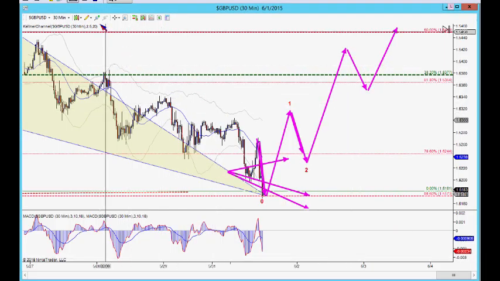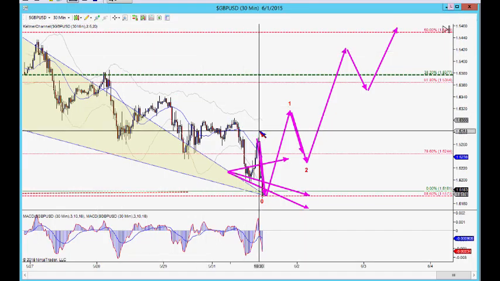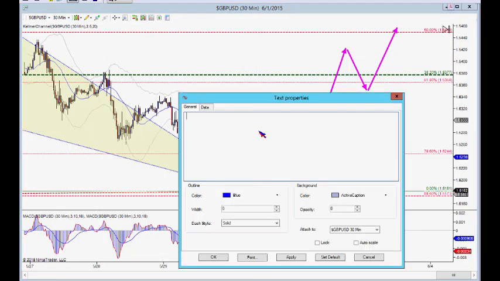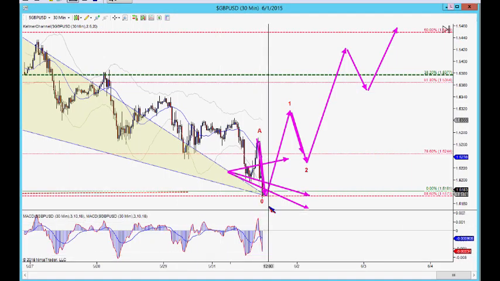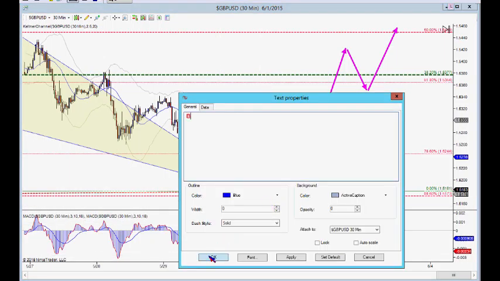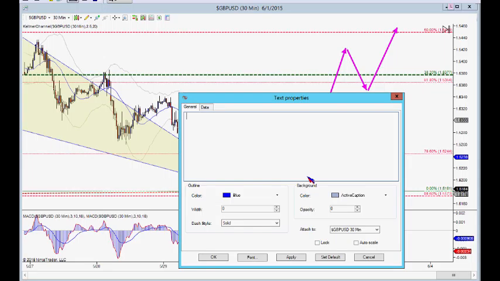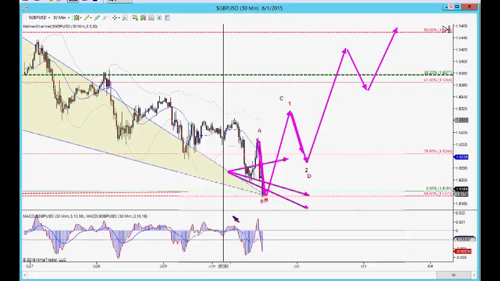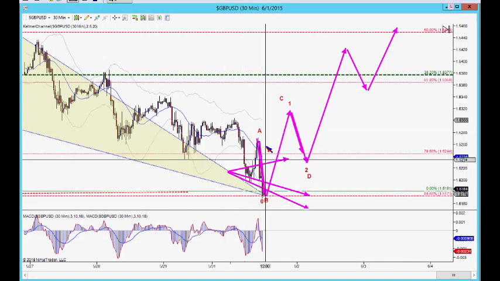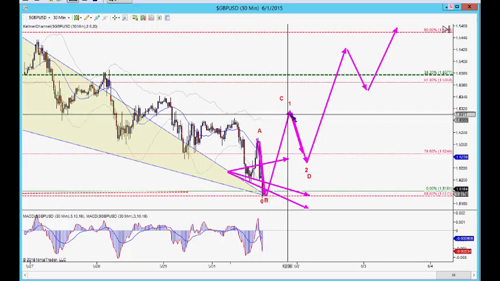But if we're looking at this also in terms of Elliott or harmonics, you have your A to B, right? You have your A to B, C to D. This would be your alternate wave equality right here.